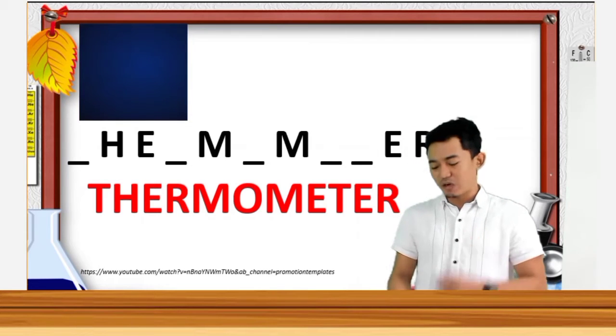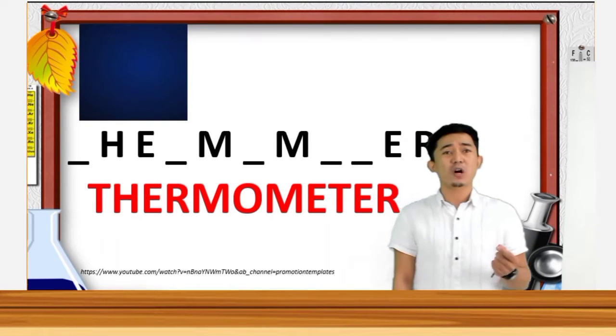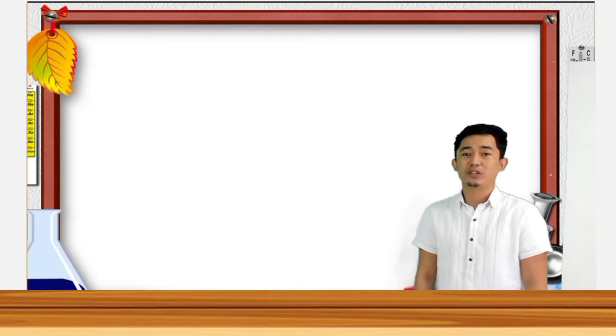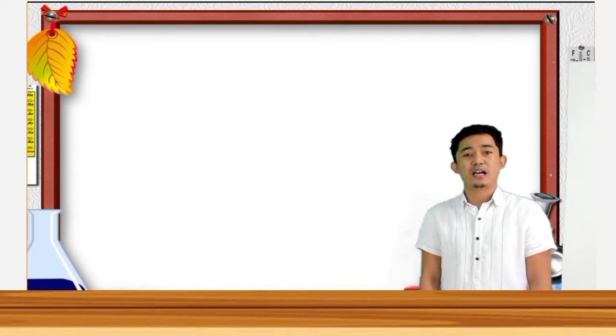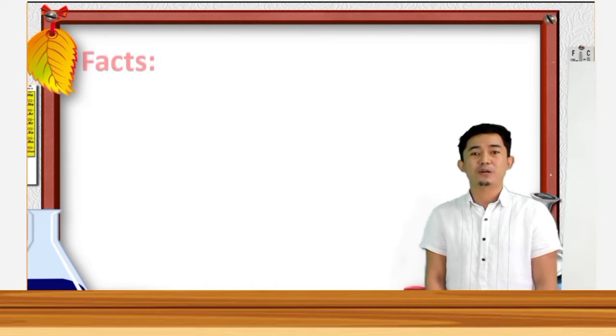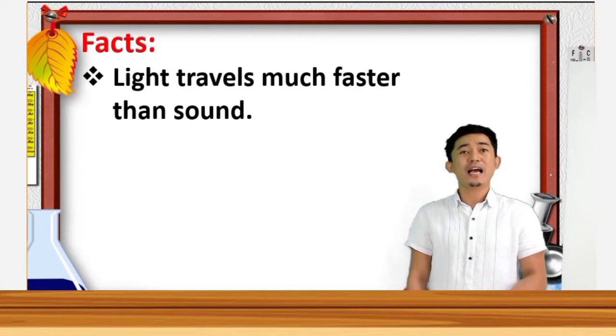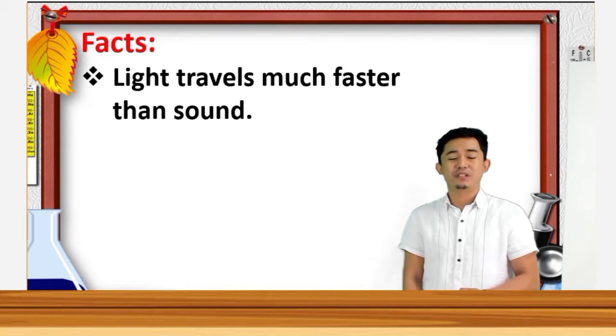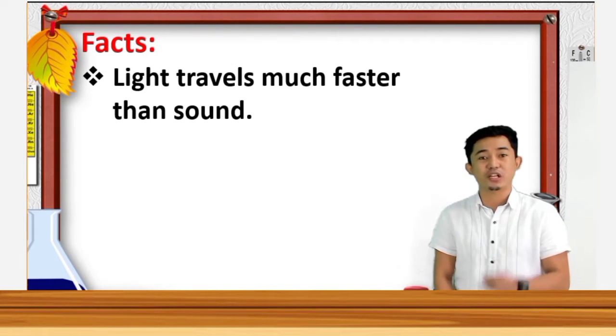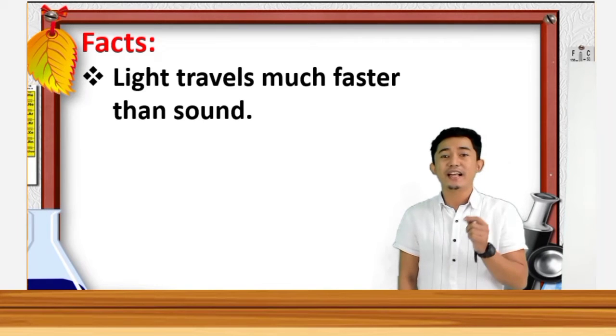Let's go now to the facts about light. There are three facts that you need to know in this topic. First, light travels much faster than sound. An example of this, class, is the thunder and the lightning.